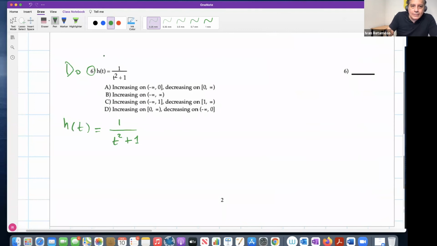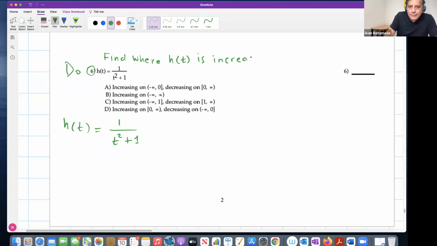And they ask you to find where h of t is increasing and where h of t is decreasing by looking at the derivative and finding the critical points.